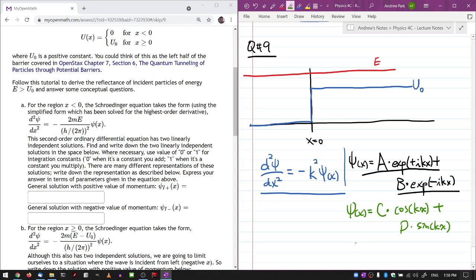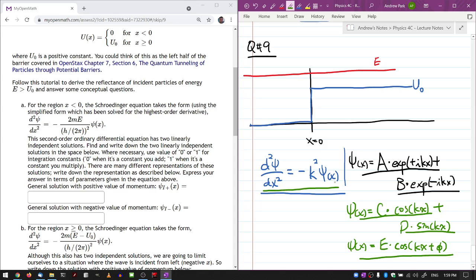Or actually, there's one other way to write it, which would look like psi of x is equal to, let me call it E, times cosine of kx plus phi. Because there are so many different ways of writing general solutions to this particular differential equation.